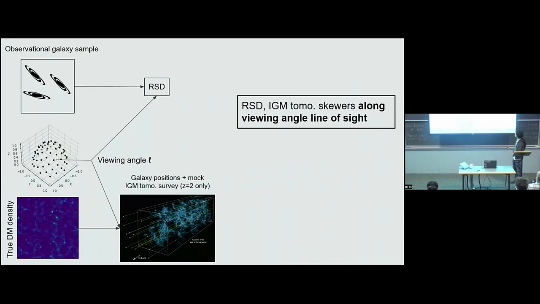For each of these viewing angles, we construct a different mock observational survey with the same parameters as Subaru PFS. So we take IGM tomography skewers along the line of sight of the viewing angle, and we also perform redshift space distortion on the galaxy positions along the viewing angle's line of sight.